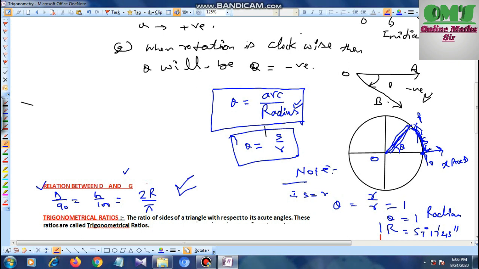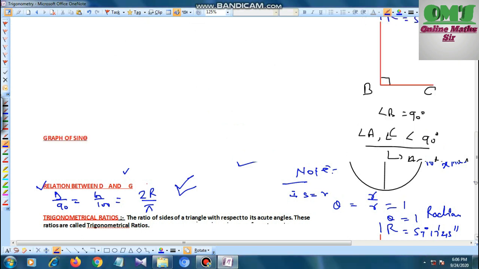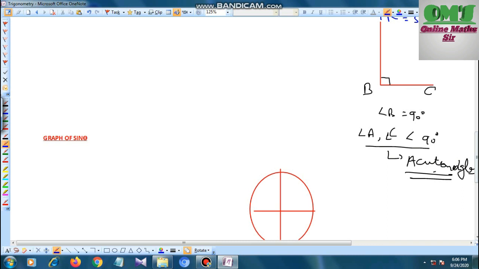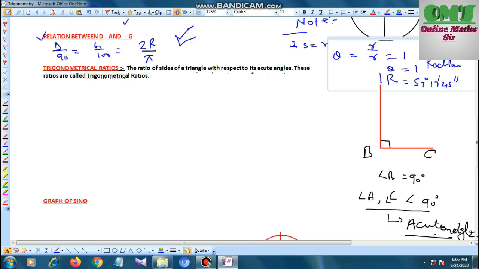Now trigonometrical ratios. What are trigonometrical ratios? Trigonometrical ratios are the ratios of sides of a triangle with respect to its acute angle.